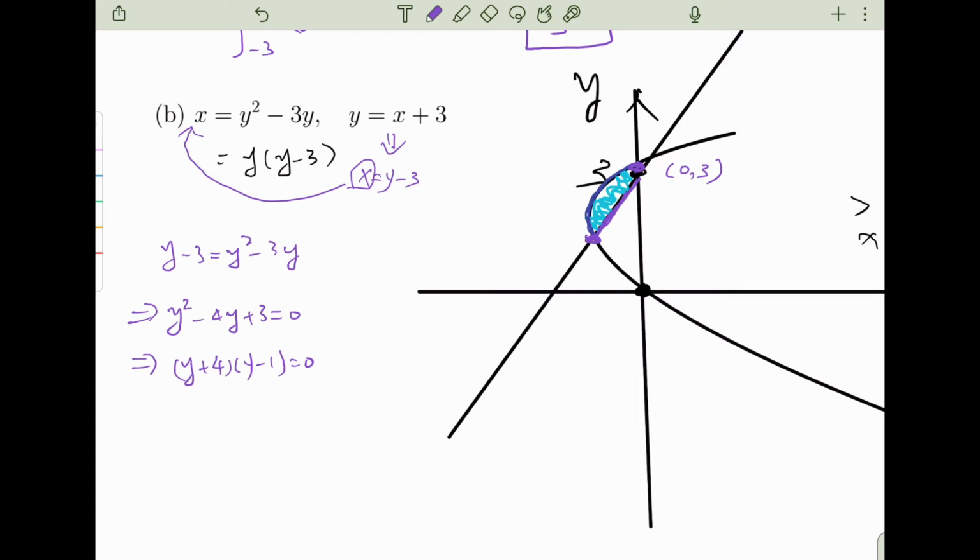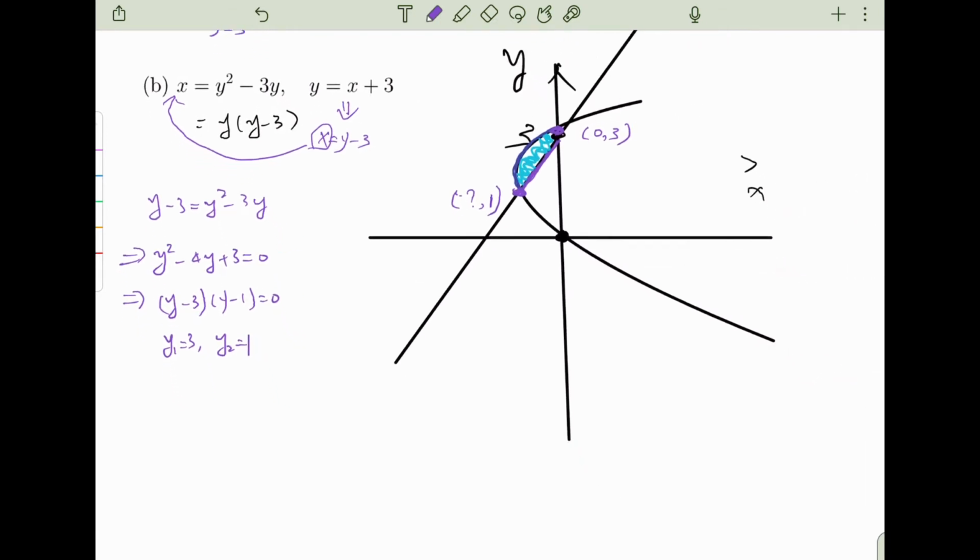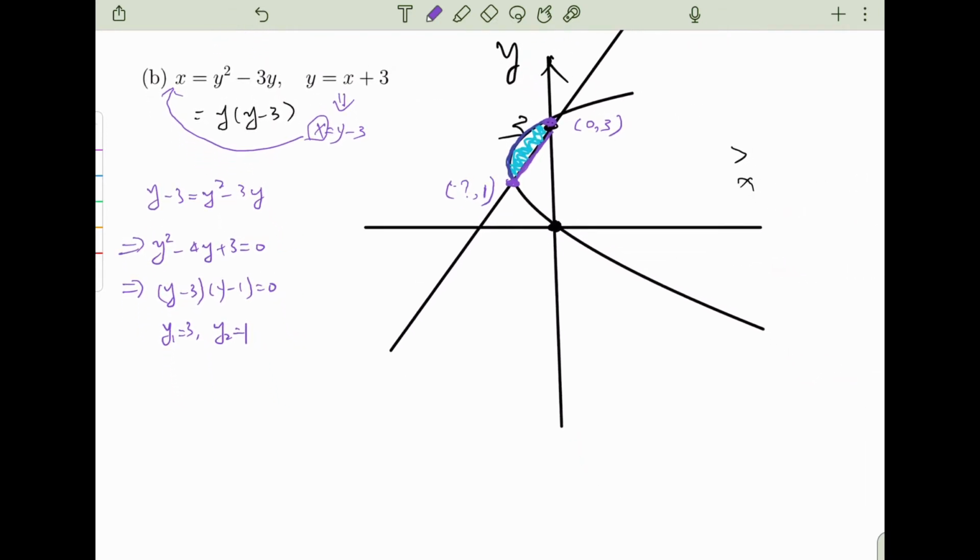Right, so y1 is equal to 3, y2 is equal to 1. So this point is something, 1. Okay. Now do the integration to find out the area.